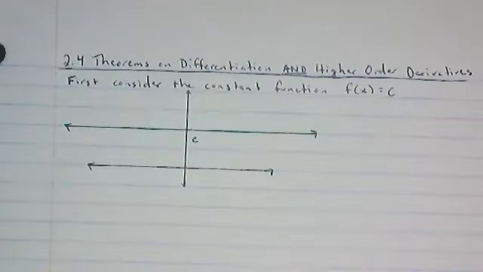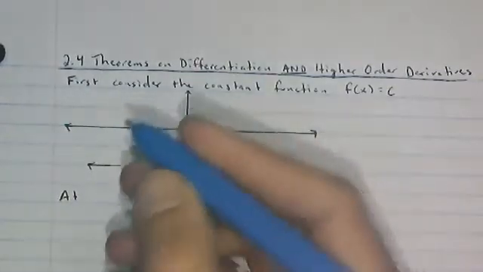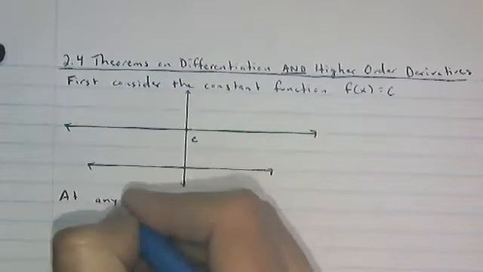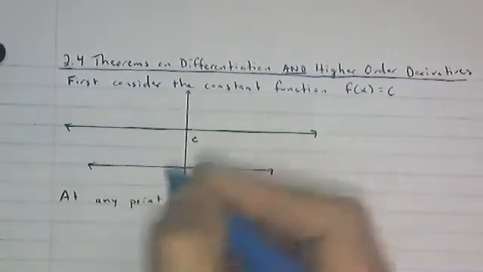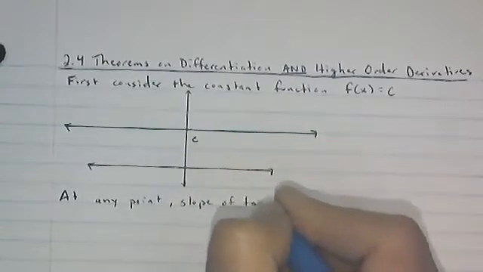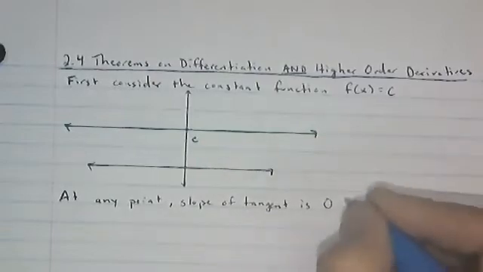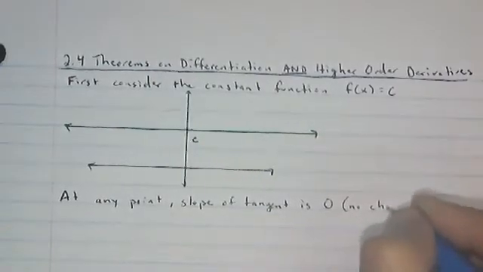So that's our first theorem here, noticing that at any point on the constant graph, the slope of the tangent is 0 because there's no change, it's constant.